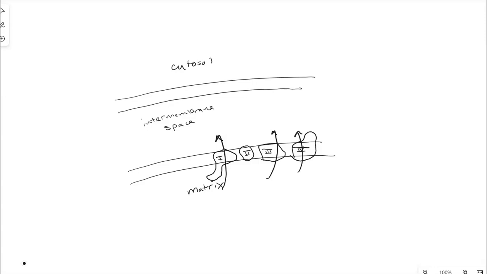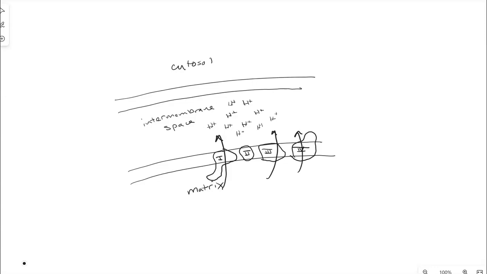And what we end up with is a surplus of protons in our intermembrane space. I'm going to situate this with a lot of proton density.